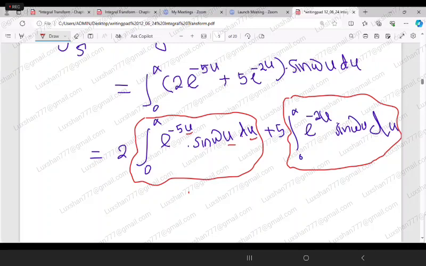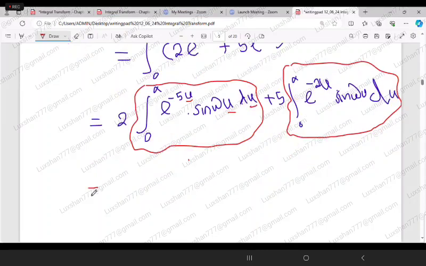We can evaluate this integration, of course, but this is a well-known form. Can anybody tell me what this is? At least one student. Look here, what is this?